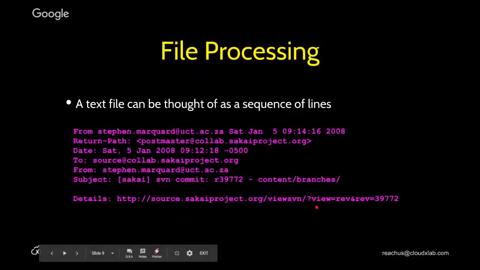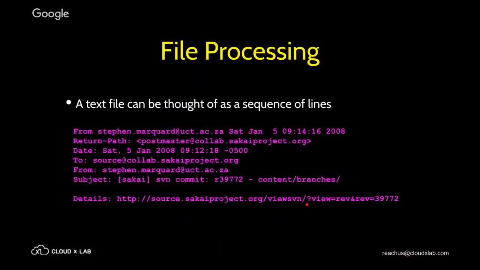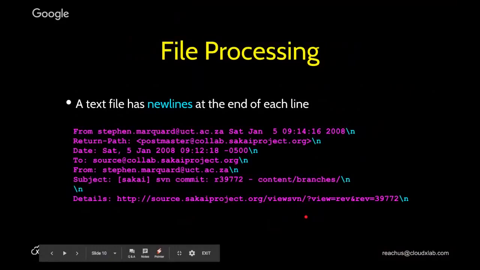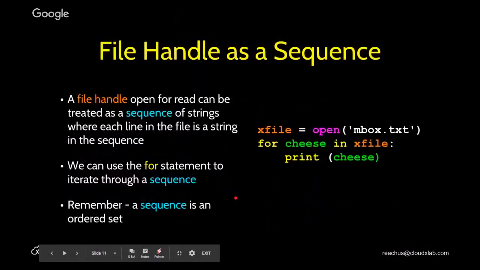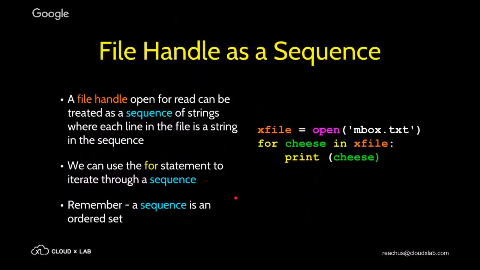So a text file could be thought of as a sequence of lines. There is a \n at the end of every line. A file handle open for read can be treated as a sequence of strings, where each line in the file is a string in the sequence.